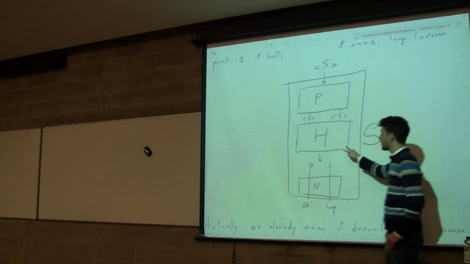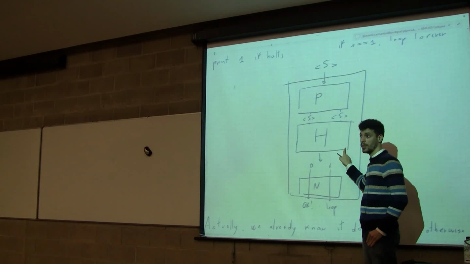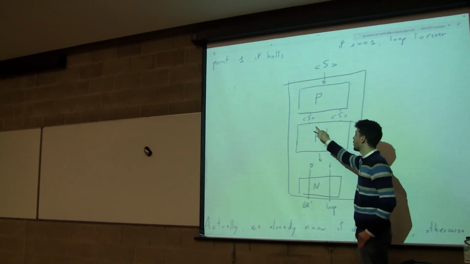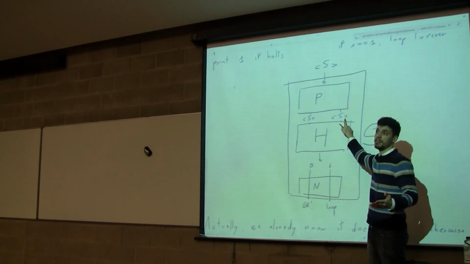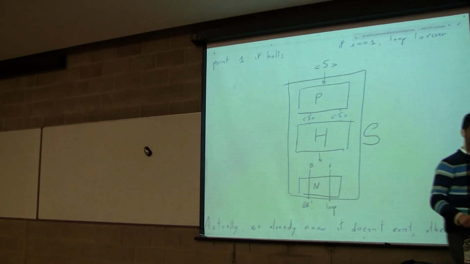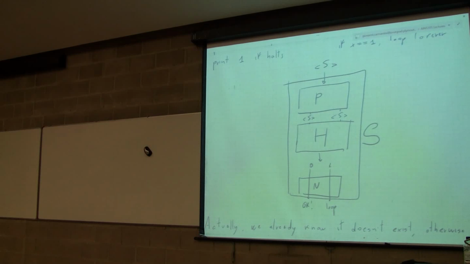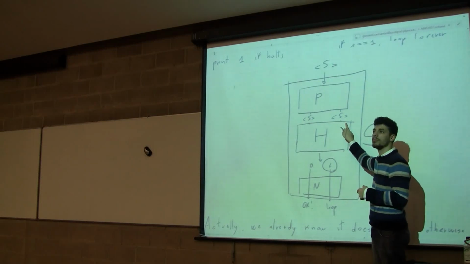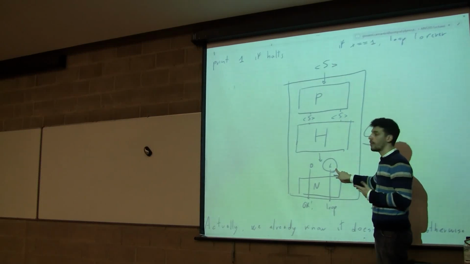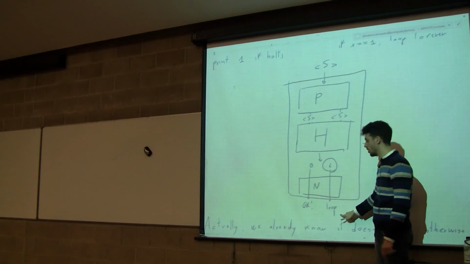And the halting machine, the H machine, has to decide whether S halts with string S. So this is the decision. You have two possibilities. Either it halts, so S halts when you feed it S. So you have a 1, and in this case the negator machine loops forever.